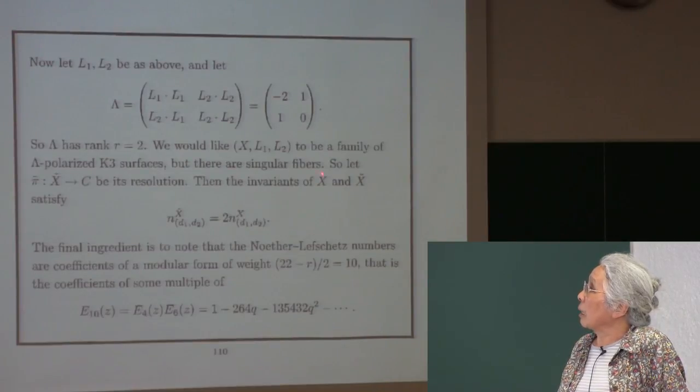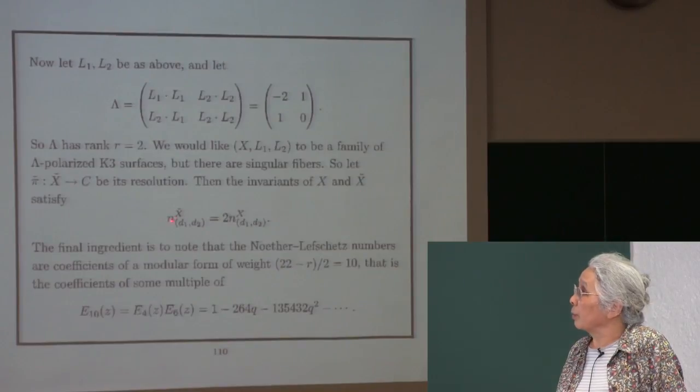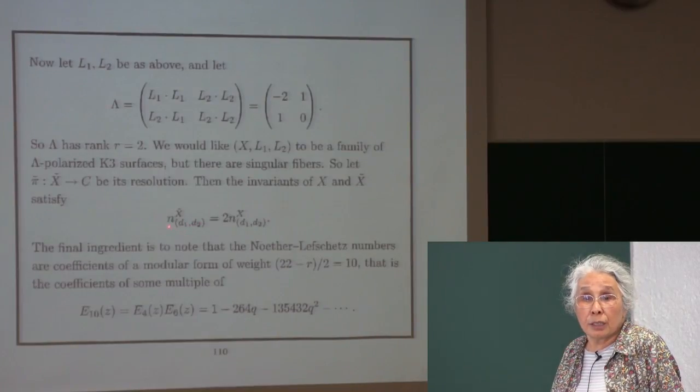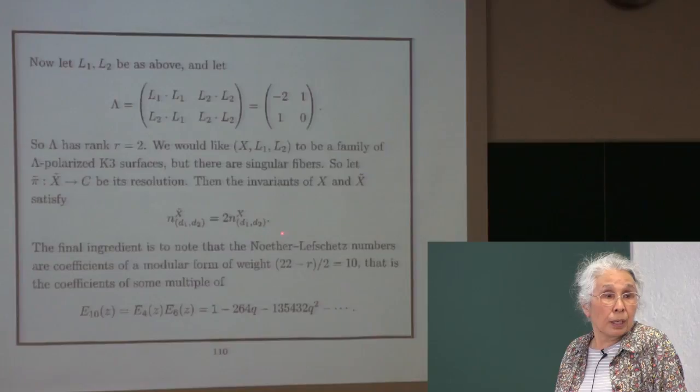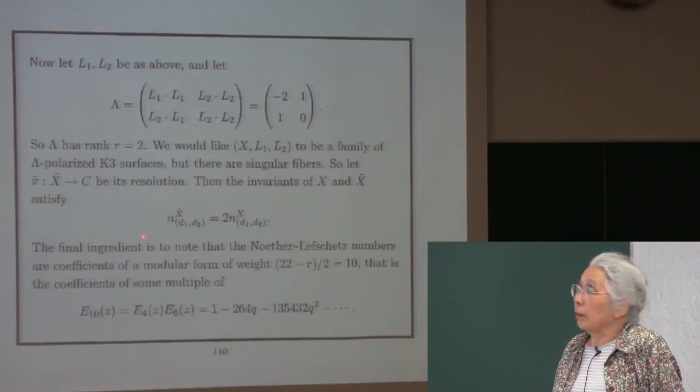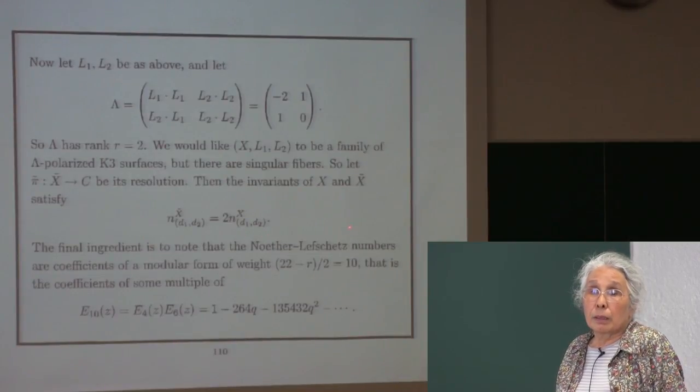Then the invariants of X and its resolution are related just by the resolution. This is the Noether-Lefschetz number for the resolution, and it is twice that of the singular one. Why? Because the singular fibers are just nodes. We are just considering a node.